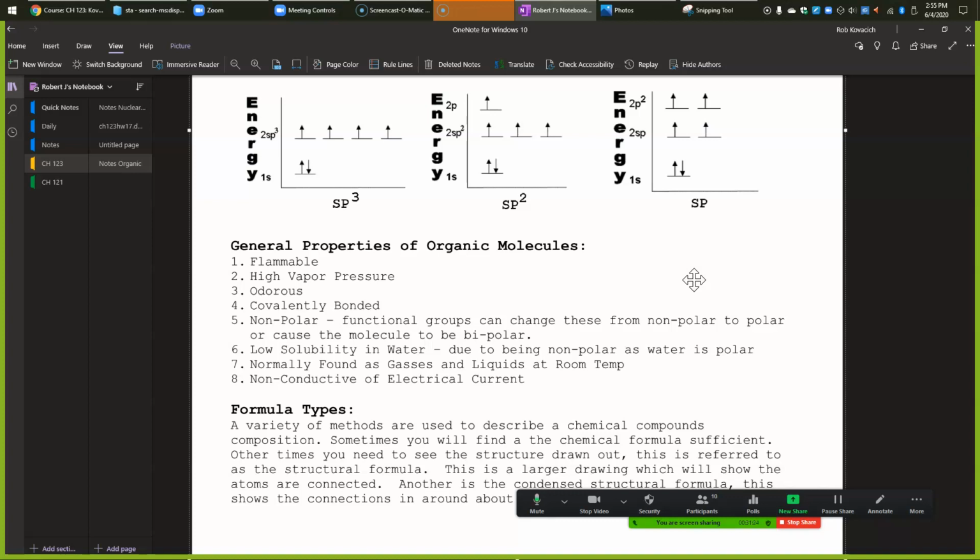But it's easy to change that. They're flammable, and almost invariably they have a high vapor pressure. Even the very long chain stuff, you can smell that. They're covalently bonded and nonpolar, so their solubility in water is low or 0, depending on how big the molecule is. They're usually gases or liquids at room temp.